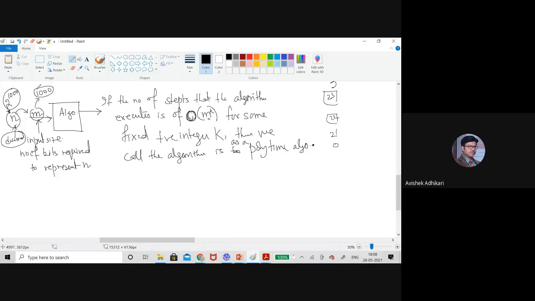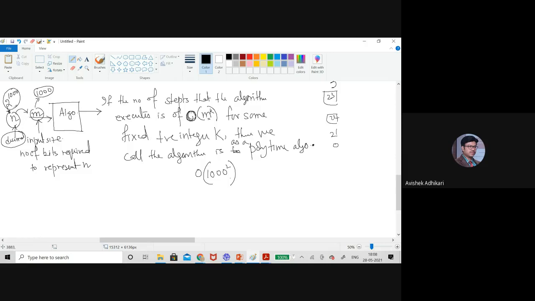And if your algorithm runs maybe say 1000 square many steps, then you say that this algorithm is working in polynomial time, which is the size of the input. Is it clear?